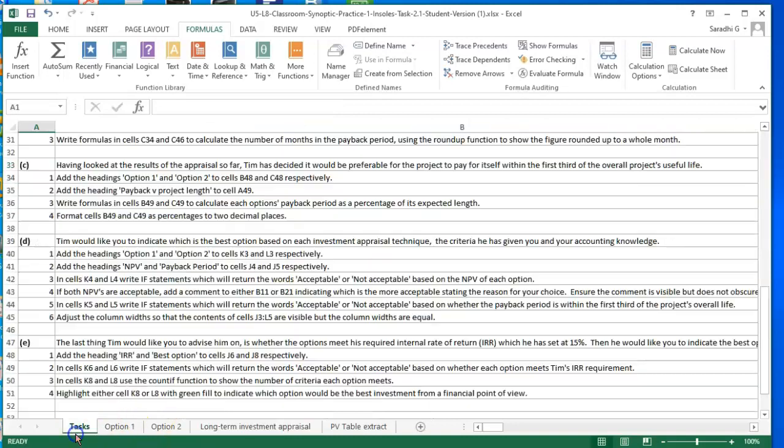For IRR, the IRR rate is 15%. If you look somewhere here, they might have given it. Yes, the IRR is set at 15%, but our cost of capital is 12%. So at a lower rate, if the net present value is greater than 0, that means it is acceptable.